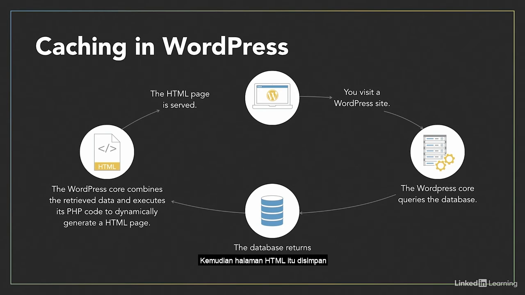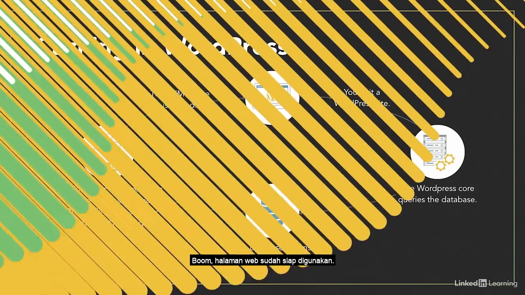Then that HTML page is saved into the server cache and returned to the user. Voila! The user sees a web page. Then, when the next user wants to visit the same page, WordPress can skip the whole PHP and database process, since the HTML page is already stored in the cache. Boom, the web page is already ready to go.